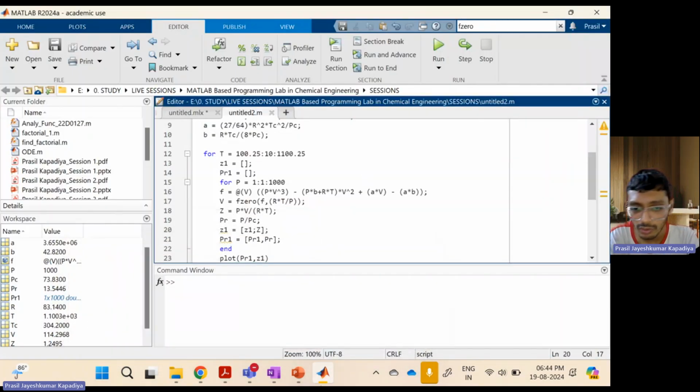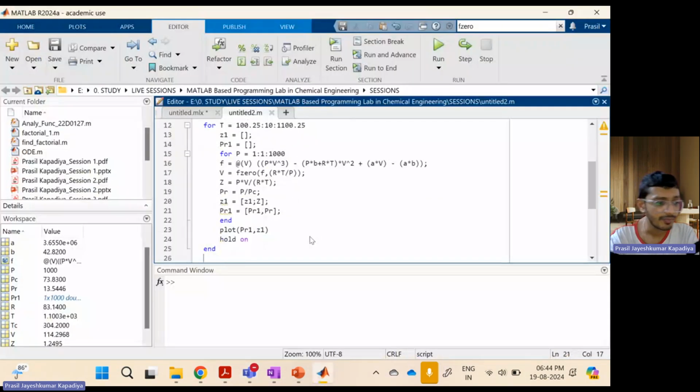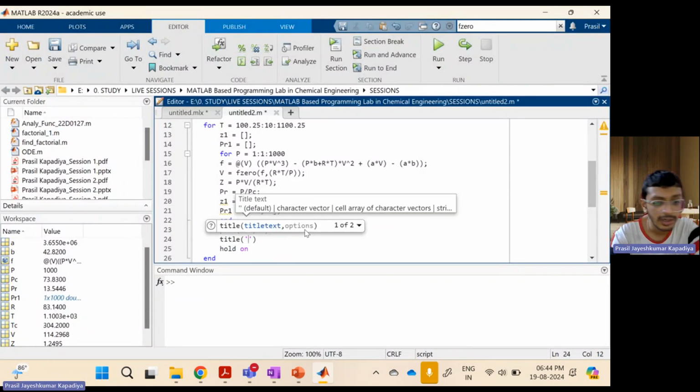But now this is not a good representation of a graph. So let's try to add axis labels. So how can we add them? We need to add a title. So the title is, let's say, compressibility factor chart for carbon dioxide gas.